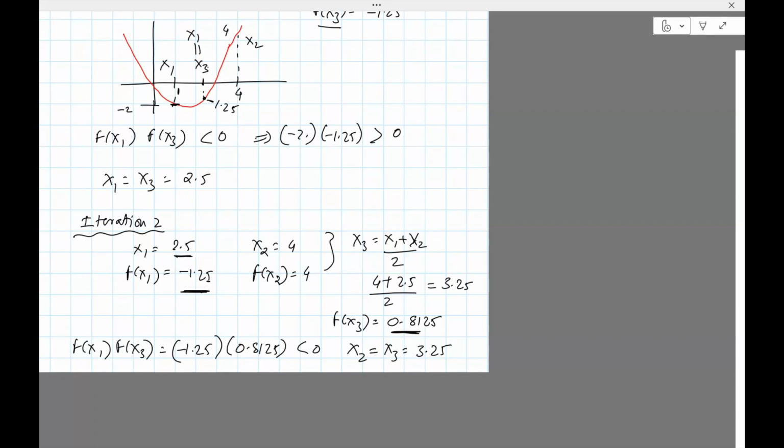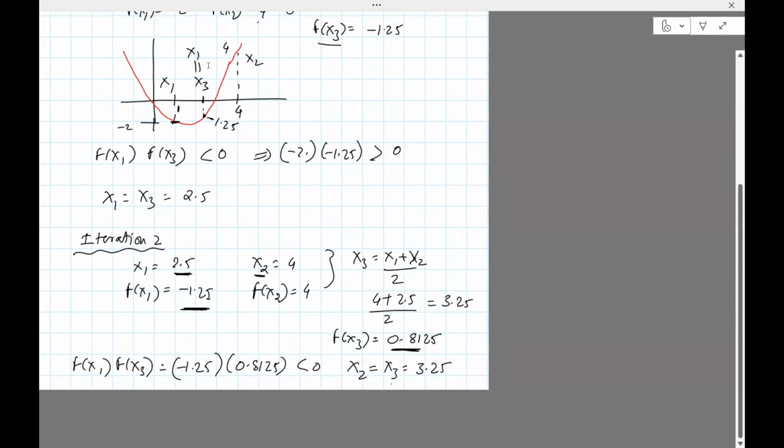So x1 remains. I need to swap x2 with the new x3. So we've gone from the root bracketed between 1 and 4 to bracketed between 2.5 and 3.25.